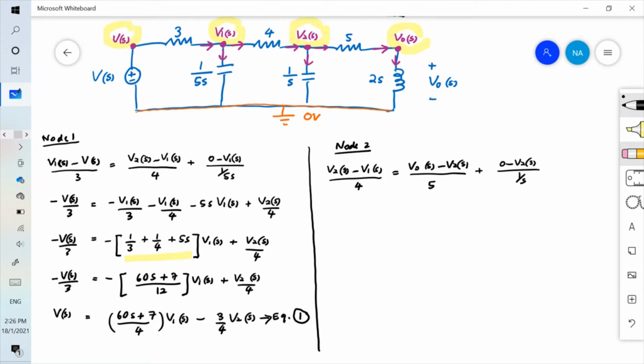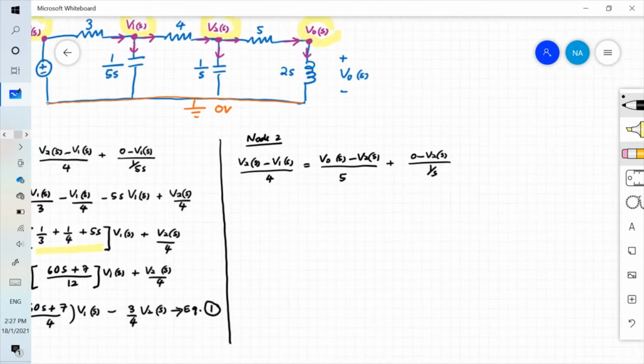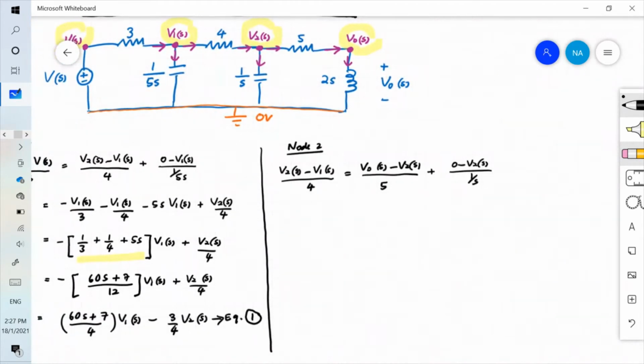So on the right hand term, it should be V1, V2 and V0. Okay, so if there's no VS, your left hand term will become just 0. And you should bring the rest of the terms to the right hand side.